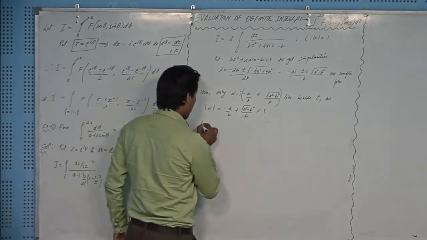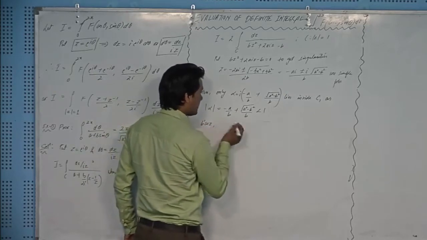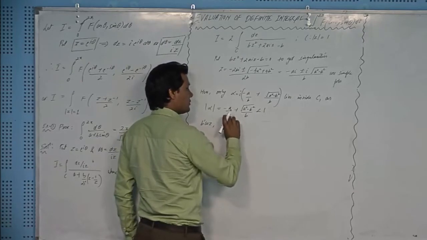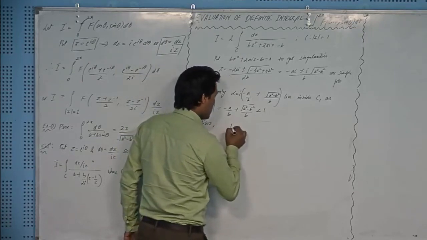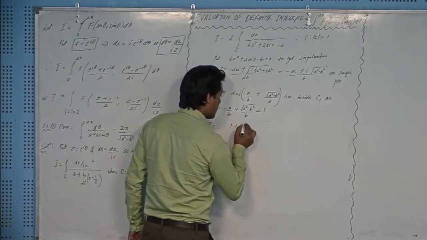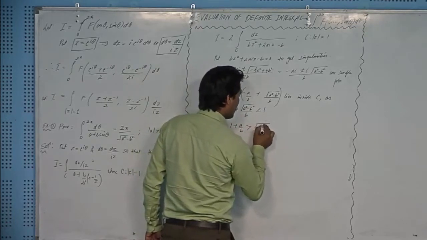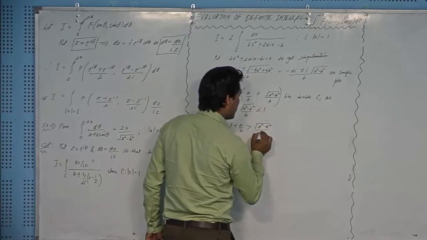Because if this is less than 1, I assume that this is less than 1, so I can take this a plus b on the right hand side, and that will be greater than under root of a square minus b square over b, right.